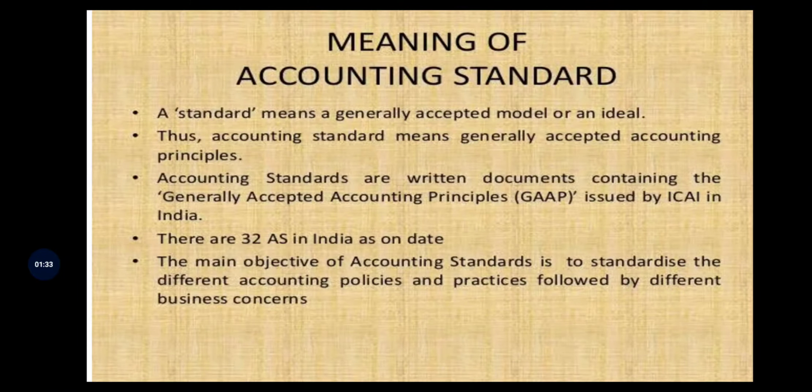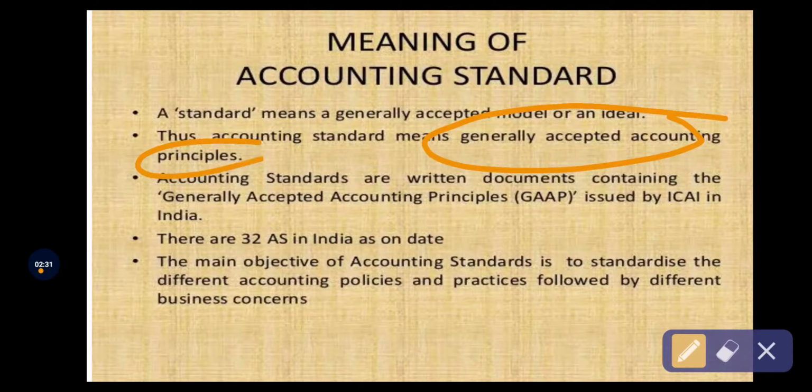Accounting standards are models generally accepted by some countries. These are rules and regulations that must be followed if you are preparing the books of accounts. So accounting standard means generally accepted accounting principles; in easy language, these are the rules we must follow for preparing the books of accounts.